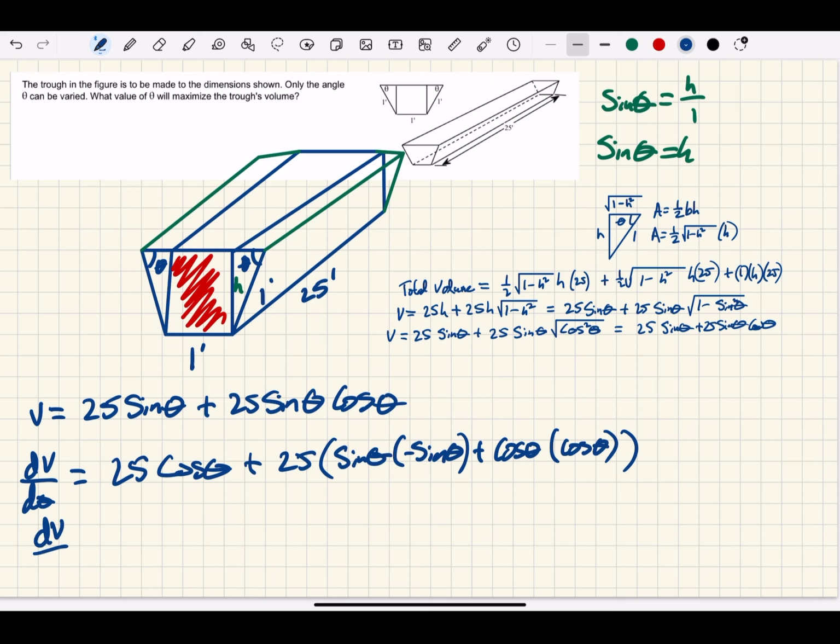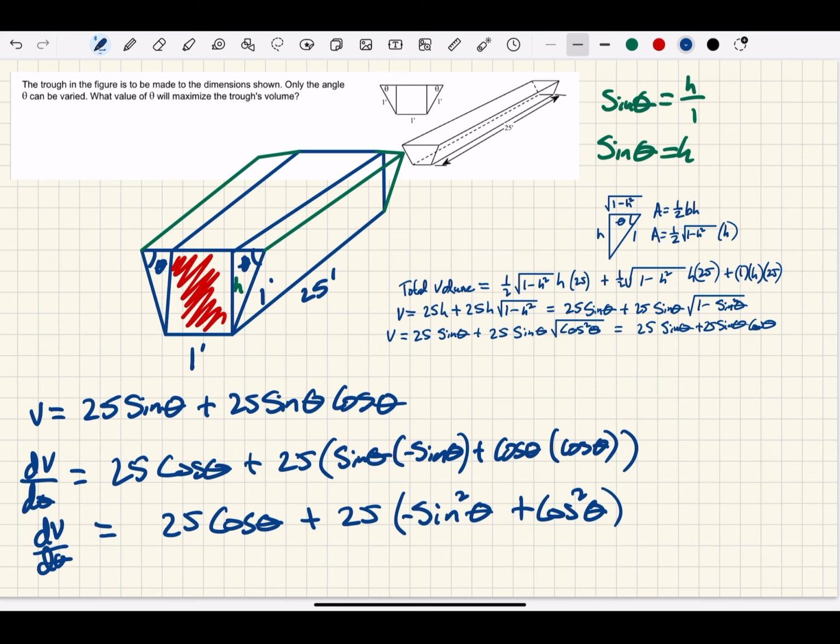So dV/d theta would be equal to 25 cosine theta plus 25 times negative sine squared theta plus cosine squared theta. We can convert the sine squared of theta into 1 minus the cosine squared of theta. So if we do, we would have dV/d theta equal to 25 cosine theta plus 25 times the opposite of 1 minus the cosine squared of theta, plus the cosine squared of theta.